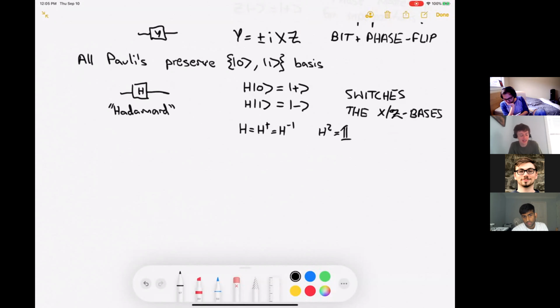Even if you have any 1 qubit gates, then we're still missing out on some big aspects of quantum mechanics.